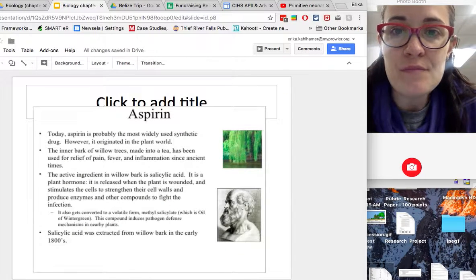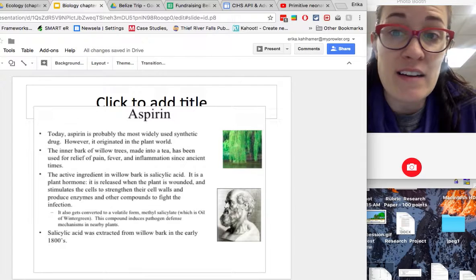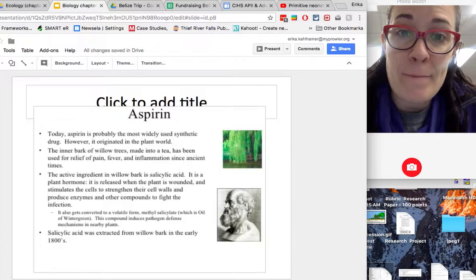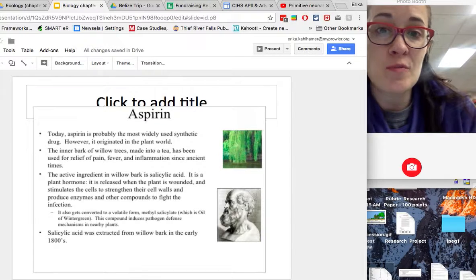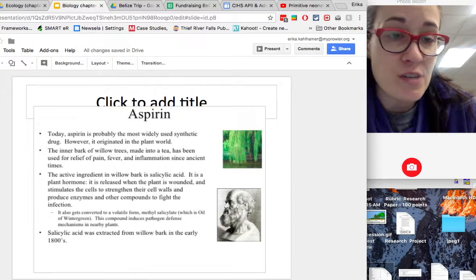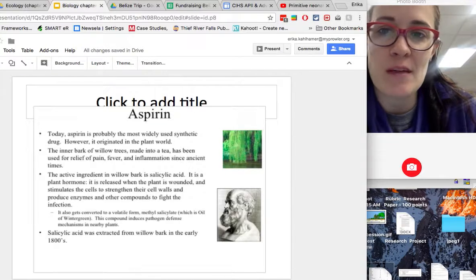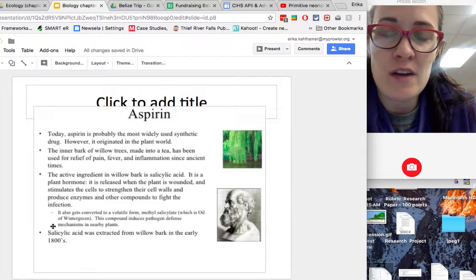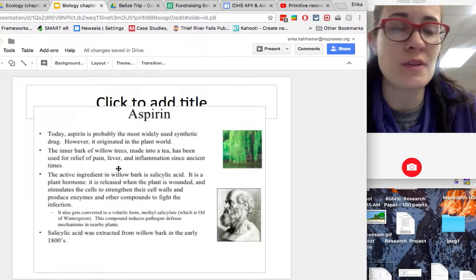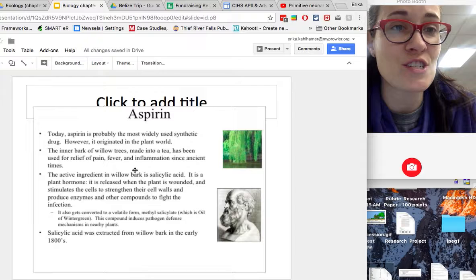This just is a little ditty about aspirin. Today, aspirin is probably the most widely used synthetic drug. It originated in the plant world. Synthetic means man-made. So the inner bark of willow trees made into tea has been used for relief of pain, fever, inflammation since ancient times.